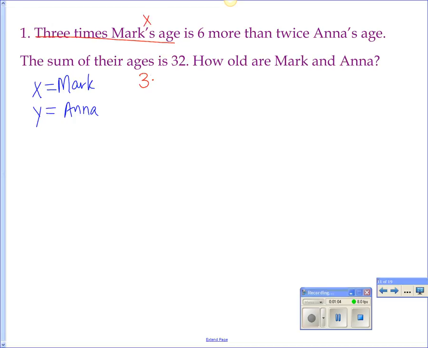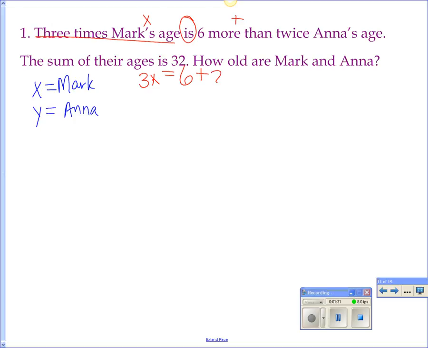X. So 3x is going to be my first thing. Then I see an equals. I got to stop when I see is and put an equals. Is means equals. 6 more than. What symbol do I put for more than? Plus. More than is a plus.